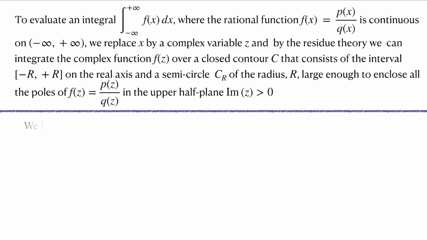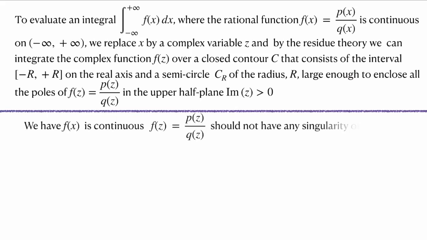It's a lot of words. Let's use a picture to explain how this is going to happen. We have a function f of x which is now written as a complex variable function f of z equal to p of z by q of z. We know that there are no singularities on y equal to 0, the x axis, because the function f is continuous on the real x axis.